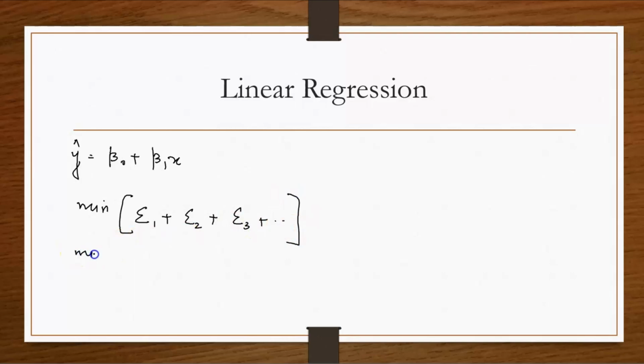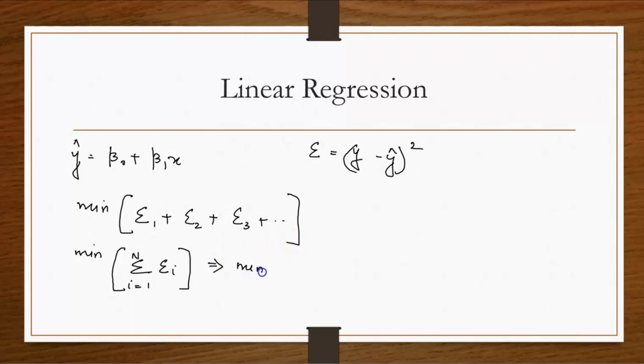So we can write this in summation notation as we are trying to find the minimum of the sum of all the squared errors, that is, sum from 1 to n of e_i squared. And we know what an error is. Error is always the actual value minus the predicted value, squared.